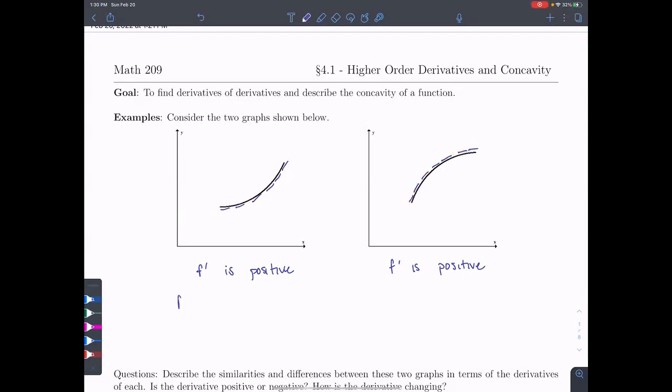So this is f is increasing at an increasing rate. And on this one, f is increasing at a decreasing rate. It's still increasing, but it's increasing less the further you move.